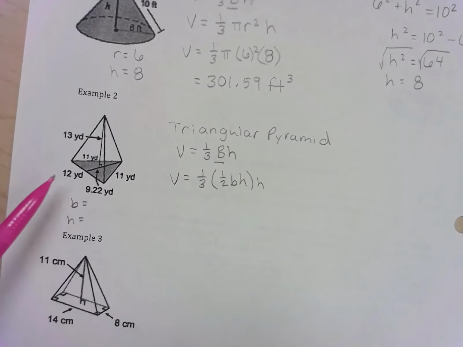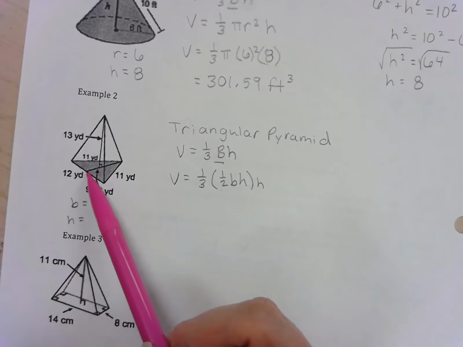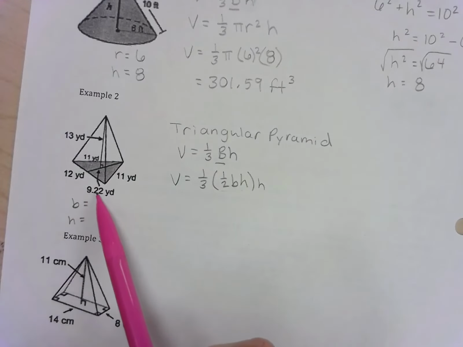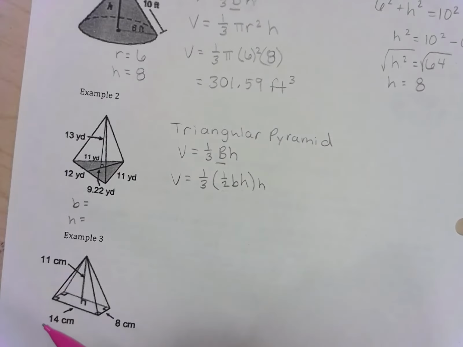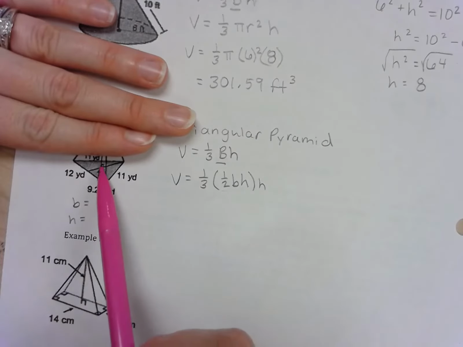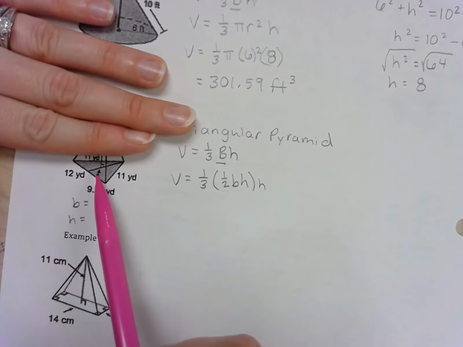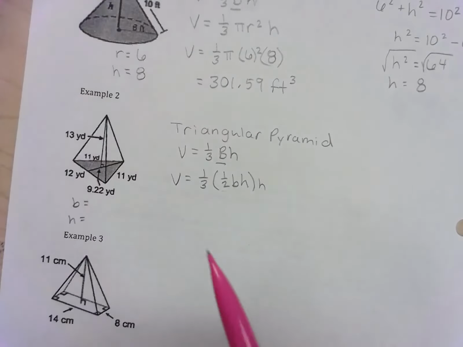So the base, if you notice along this line right here, is the 12. So that would make the height along this line here, that 9.2 as our height, because we're just wanting to look at that shaded triangle on the bottom, which is the base figure.